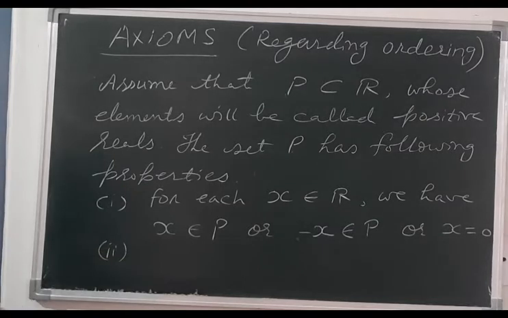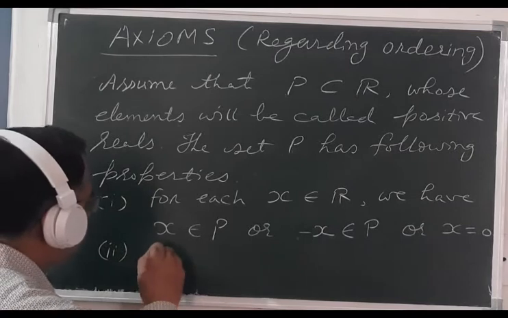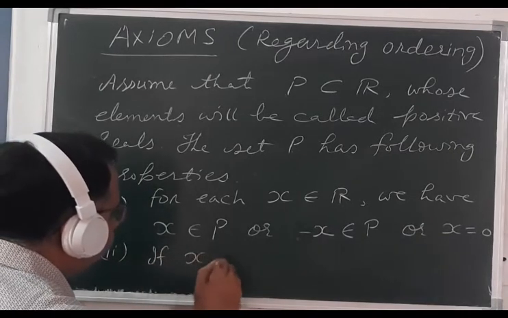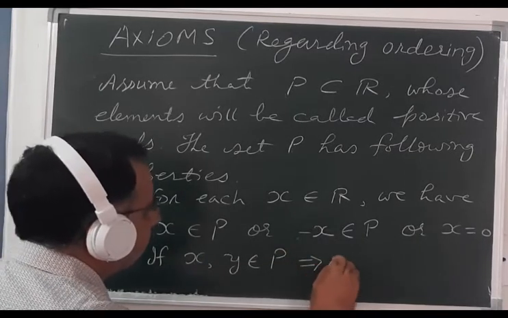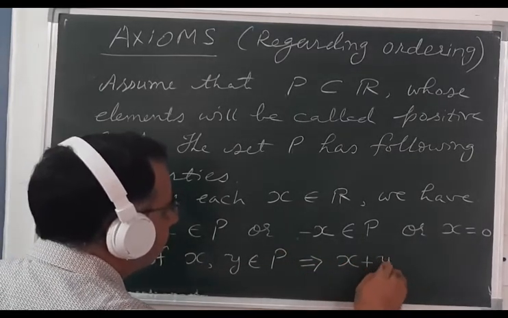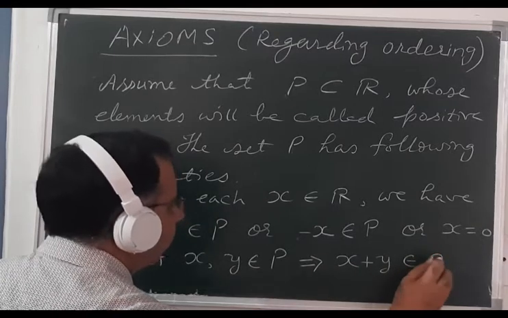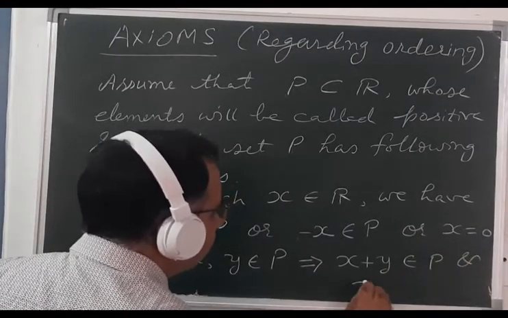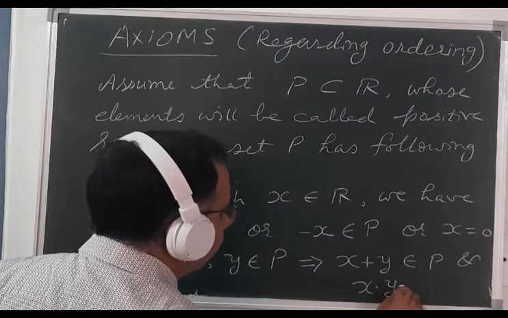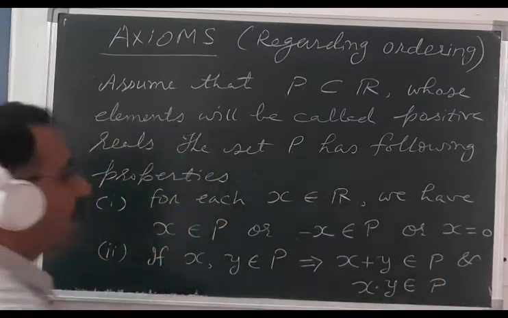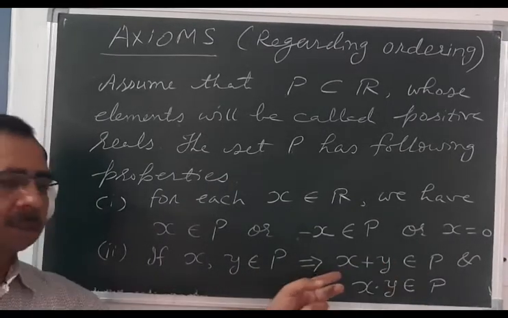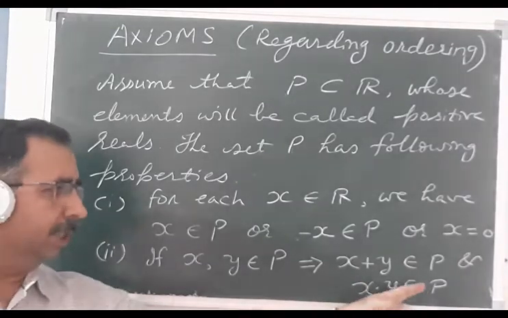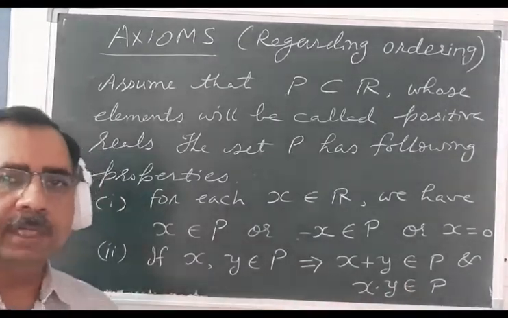The second axiom is, if x, y belong to P, then x plus y is in P and x into y is in P. So P is closed under addition and P is closed under multiplication.